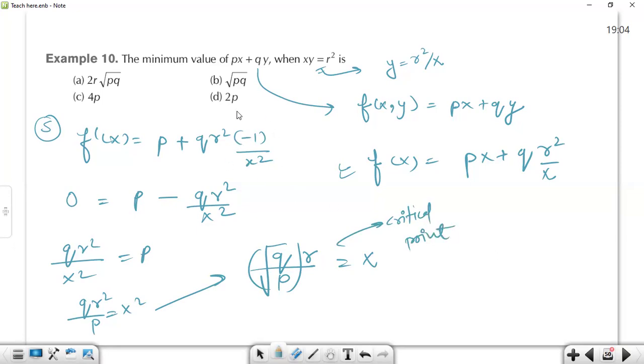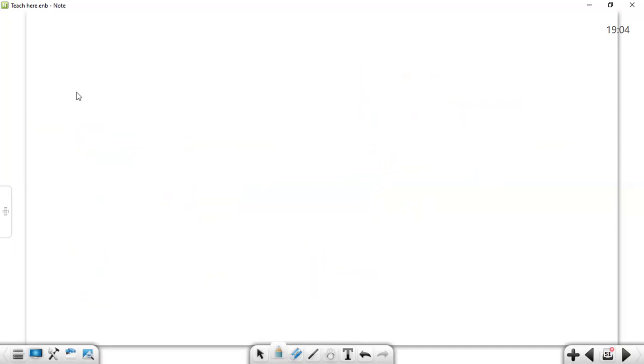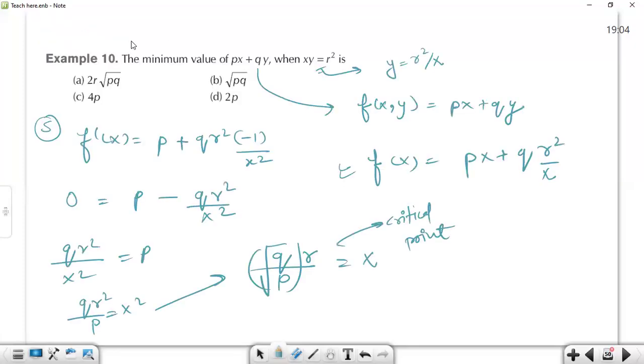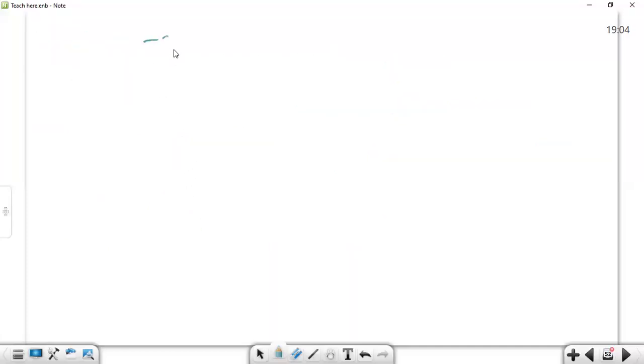Let's now differentiate it once more. P's differentiation would be 0, and minus q r squared is constant. Minus q r squared into the differentiation of x raised to power minus 2 gives x cube.